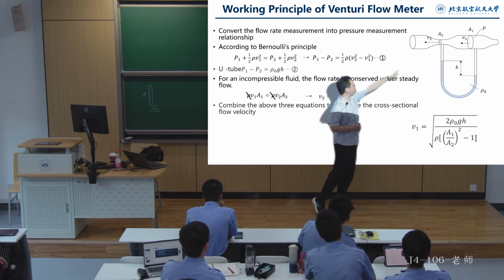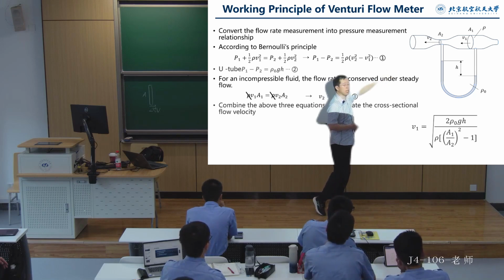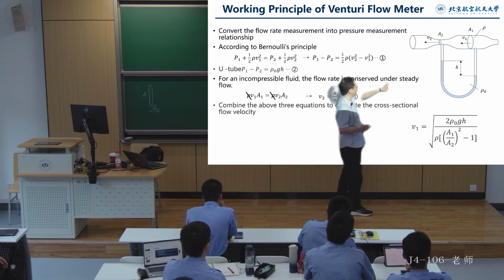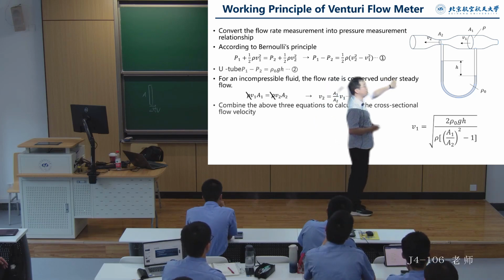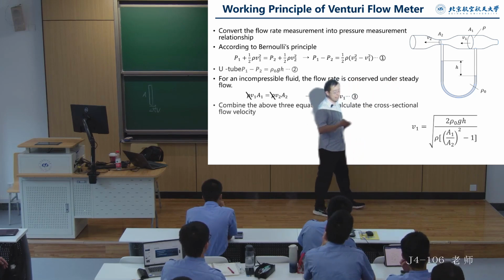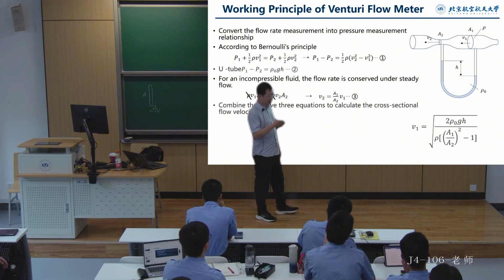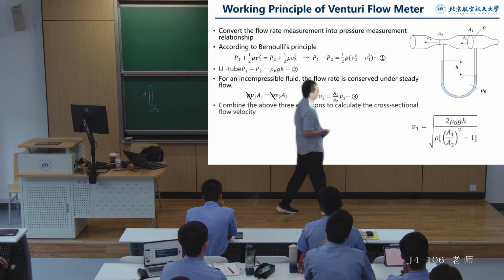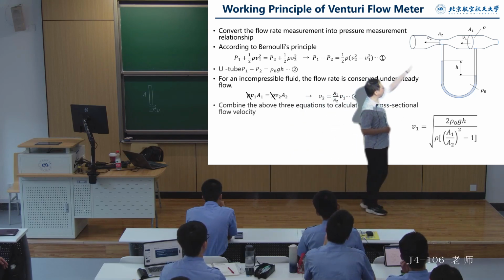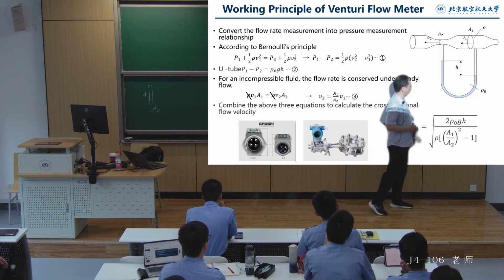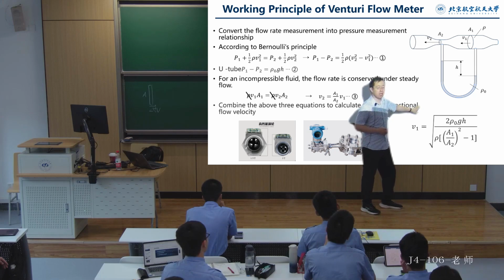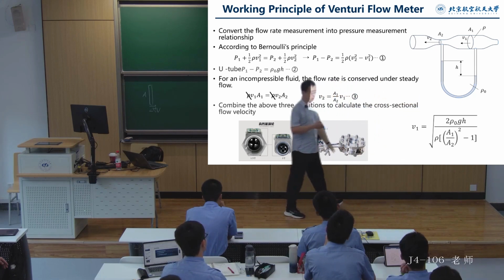If we make a change, we can express the velocity at the second cross-section using the area ratio between the cross-sections multiplied by the velocity at the first cross-section. From this, we obtain three equations, and after organizing them, we can ultimately derive an expression for the flow velocity at either the first or second cross-section. So, what is the main advantage of using this method to measure flow rate?